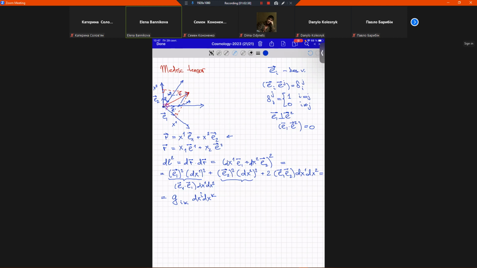It is understandable that g_ik is the combination of the scalar products of the basis vectors e_i and e_k.